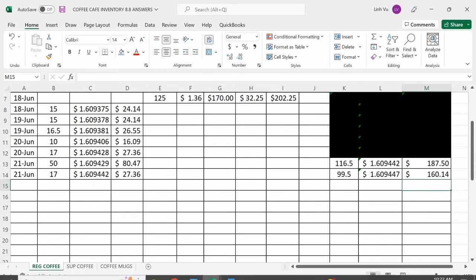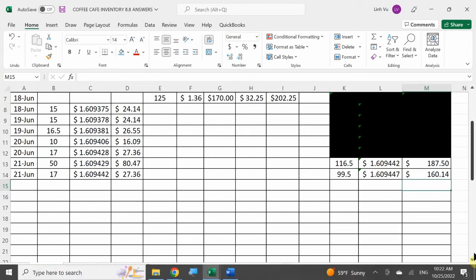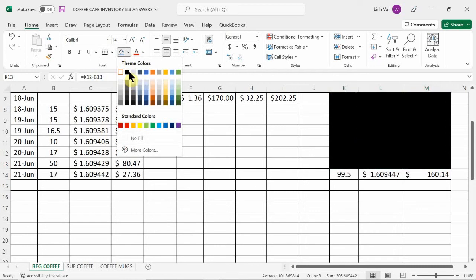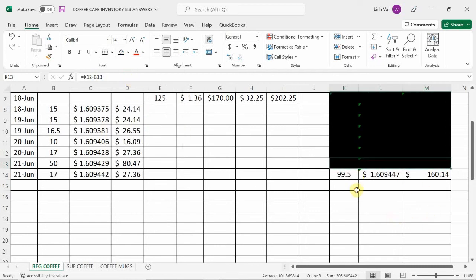160.14. Okay, so therefore my cost per item has increased by a very small amount. Was that 500,000 of a penny? Okay.